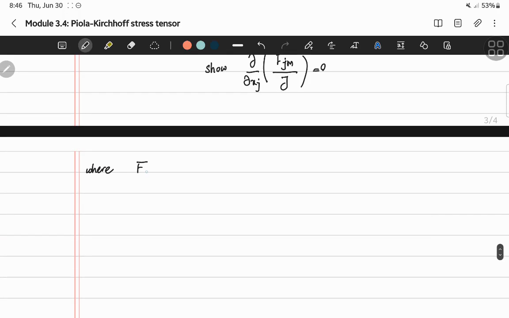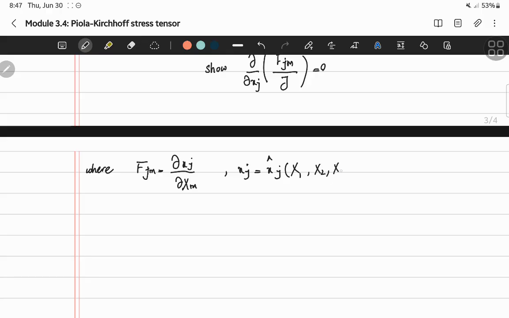So Fjm is the definition of the deformation gradient. So we have small letter x on the top, and then we have capital letter X on the bottom of the fraction, and then we have xj, the spatial coordinate.